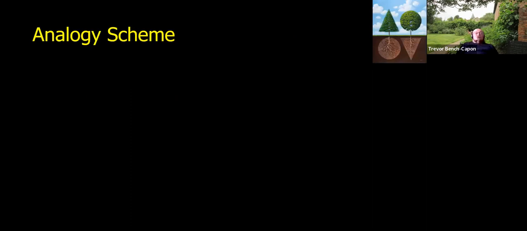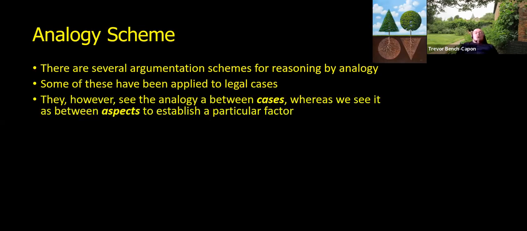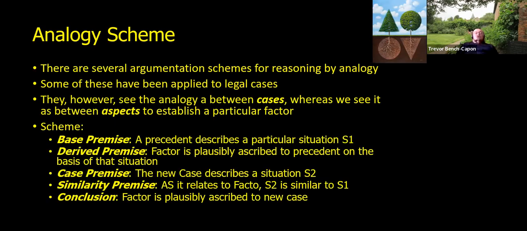Finally, we have the analogy scheme. There are several argumentation schemes for reasoning by analogy, but often reasoning applies to whole cases. We, however, apply it to aspects in order to establish a particular fact. The scheme has a base precedent describing a particular situation, and saying that a factor is applied to the precedent on the basis of that situation.